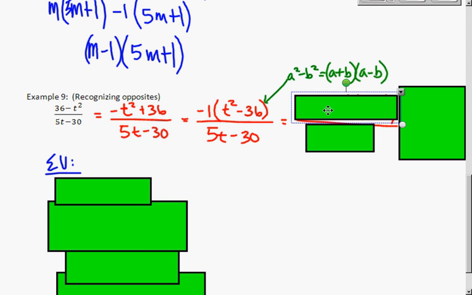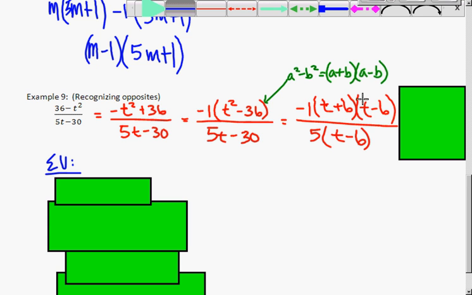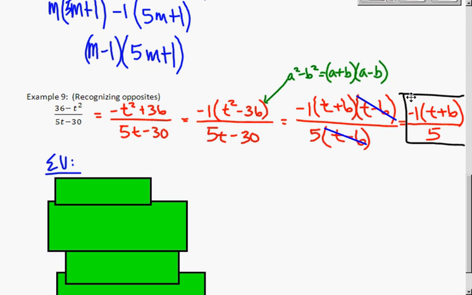So when I factor this, I keep my negative 1. I have a and b, so t plus 6 and t minus 6. Your denominator, you can factor out a 5. Looking at this, we should be able to eliminate t minus 6 and t minus 6, and we wind up with this simplified, which is negative 1 times t plus 6 all over 5.